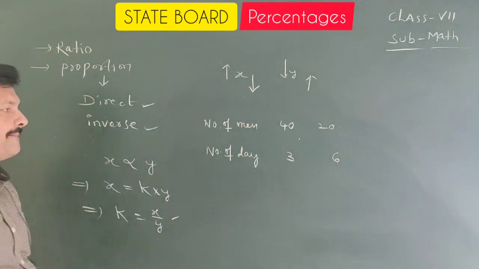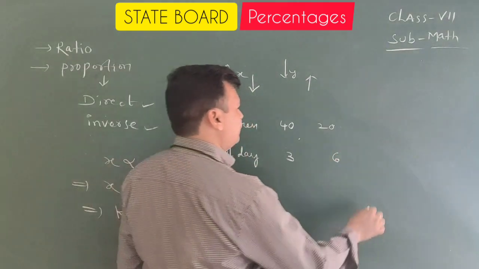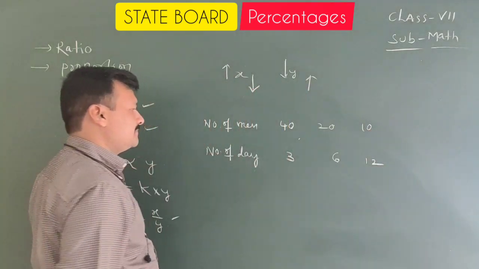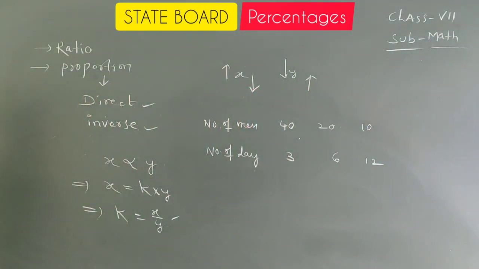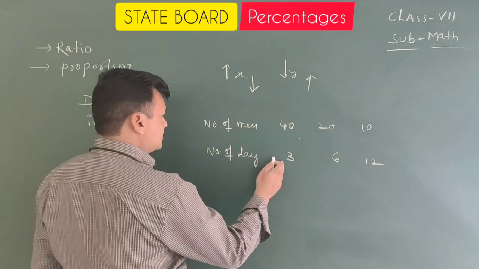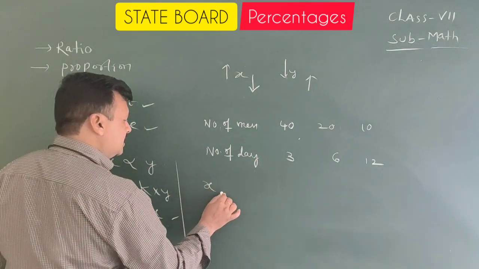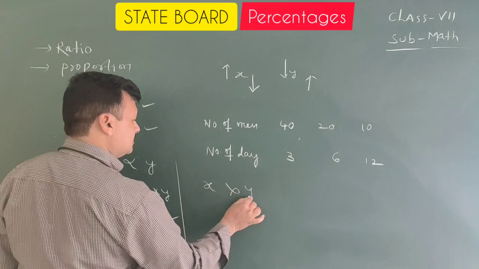If only 10 members came, it completes in 12 days. Here, x and y are said to be in inverse proportion.